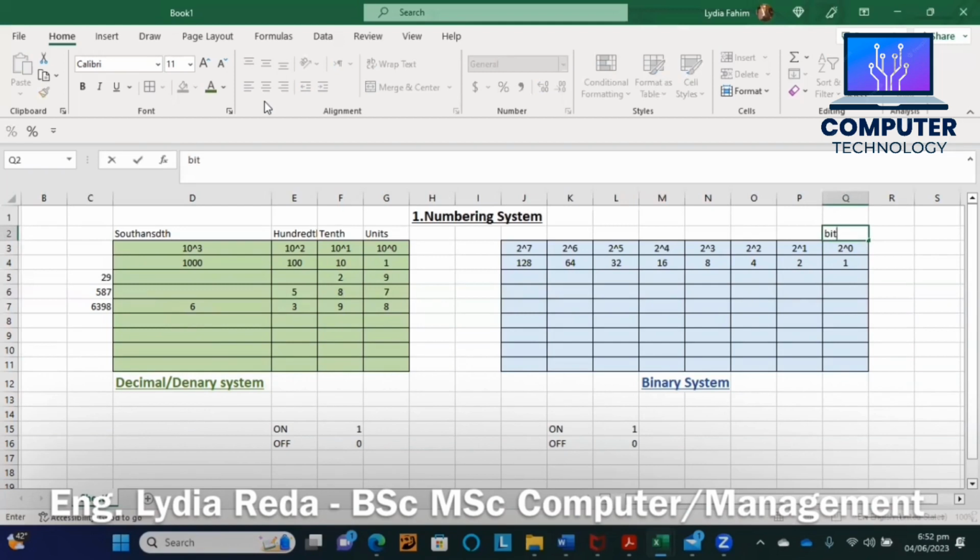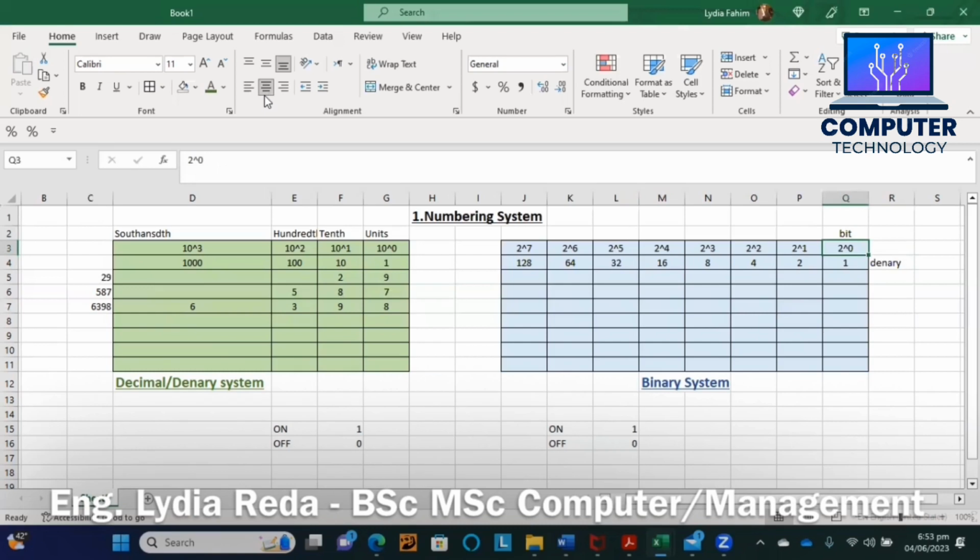Okay? This bit is simply the lamp that is switched on or off. What are those numbers? Those are the denary values of the base 2 system, of the binary system.